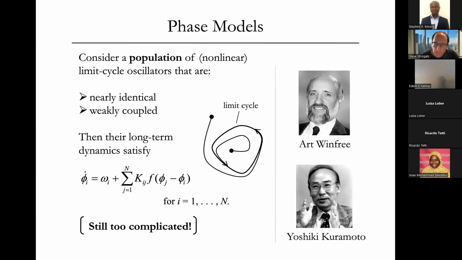Now, we're going to imagine a population of many of these limit cycle oscillators interacting, and they are hard to analyze, but these two gentlemen figured out a way to make progress.